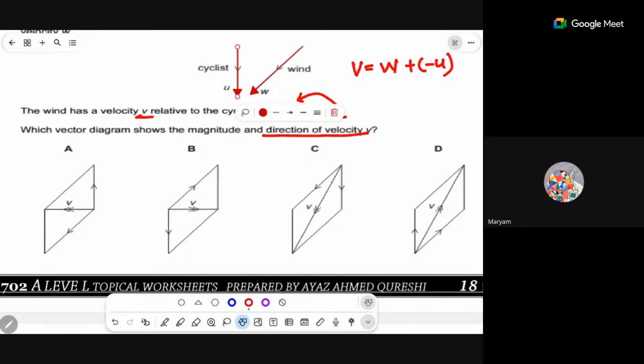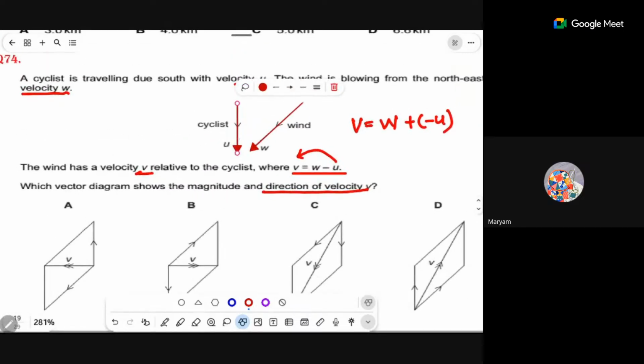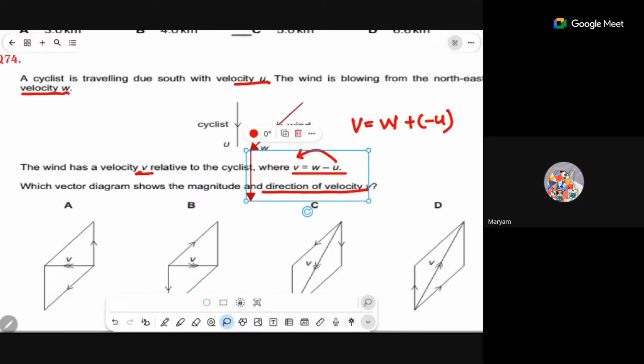But what I have to do is place this u exactly at the head of this. This is u plus w. So if I want to draw a resultant vector, that resultant will be from this point to this point. What will be this then?